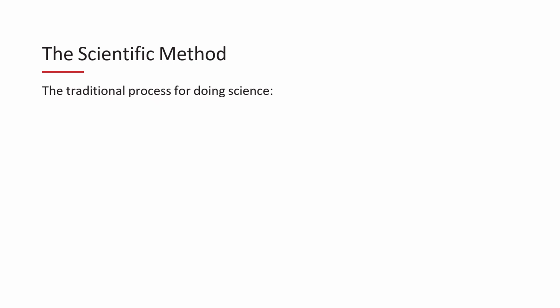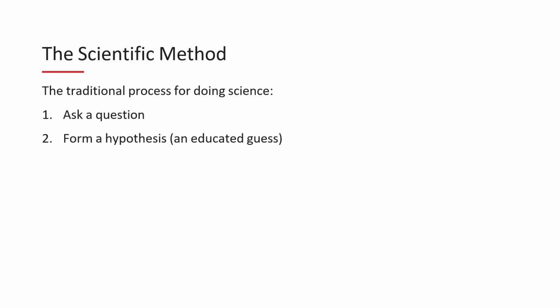You make an observation that sparks a question. You form a hypothesis or an educated guess based on information you already know about the subject, and then you design and conduct an experiment. From the results of that experiment, you decide how well your question was answered and whether you need to try again. And either way, you share your results.